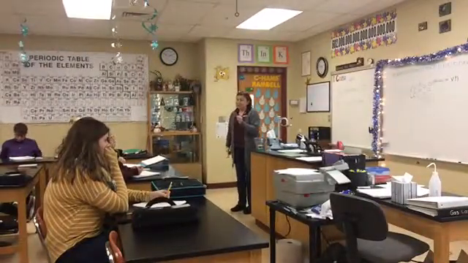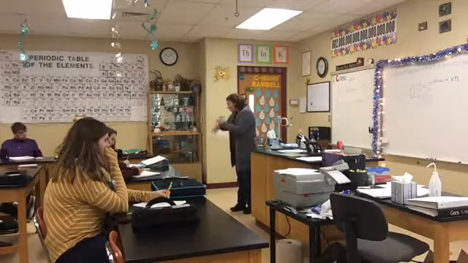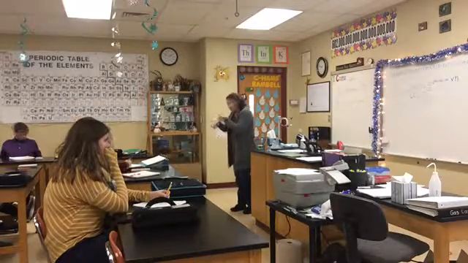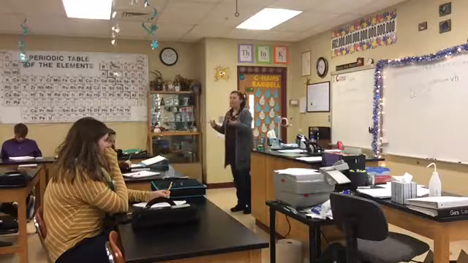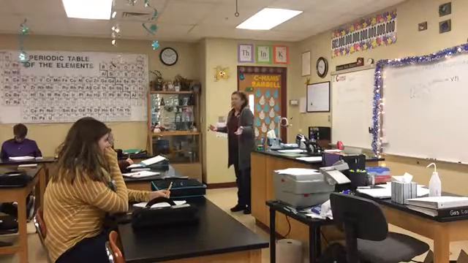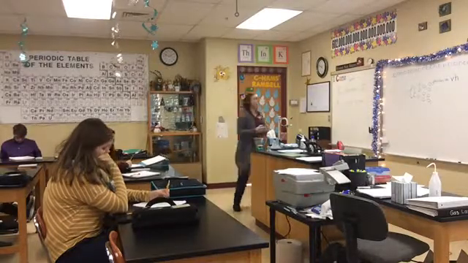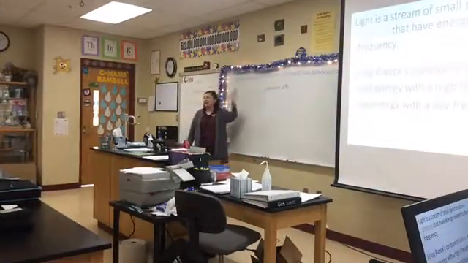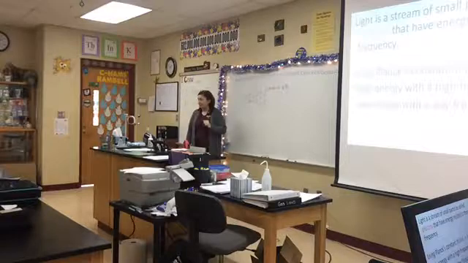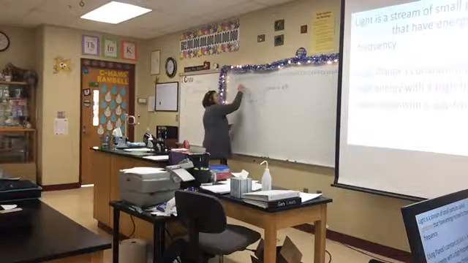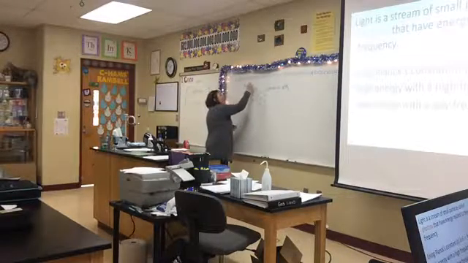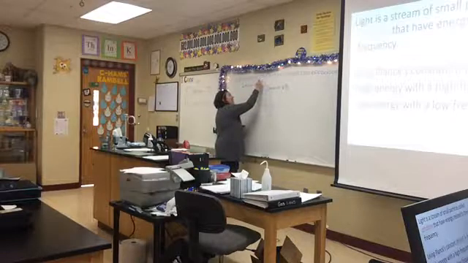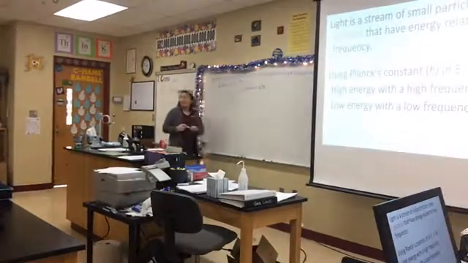It's like me picking off just, maybe, the wind off of me and saying it's going to be way less. It has very little effect, but it has enough of an effect, it's not the same. This is 6.626 times 10 to the negative 34th. That is Planck's constant.